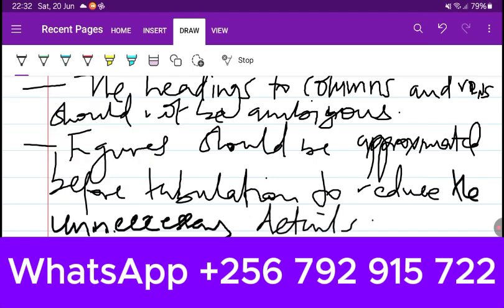If you have computed figures and they are maybe 4.57633, you can round these figures off. You can take 5 or you can take 4.6, so that you don't have unnecessary details that are not adding value. Because the moment you provide too much information in the table, you are going to make the viewers not understand the information.